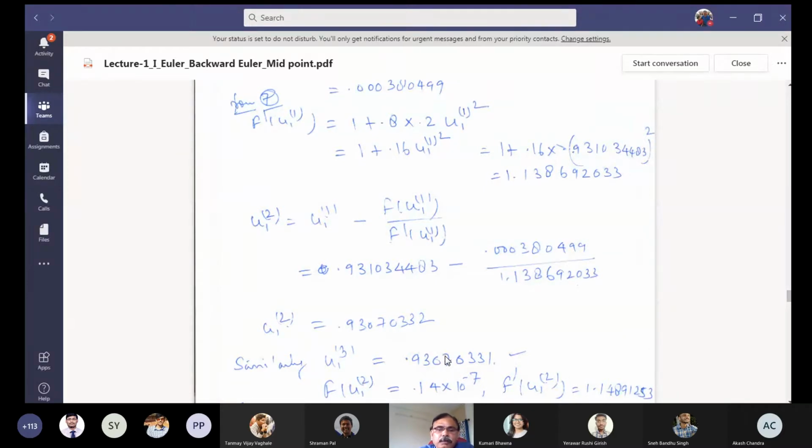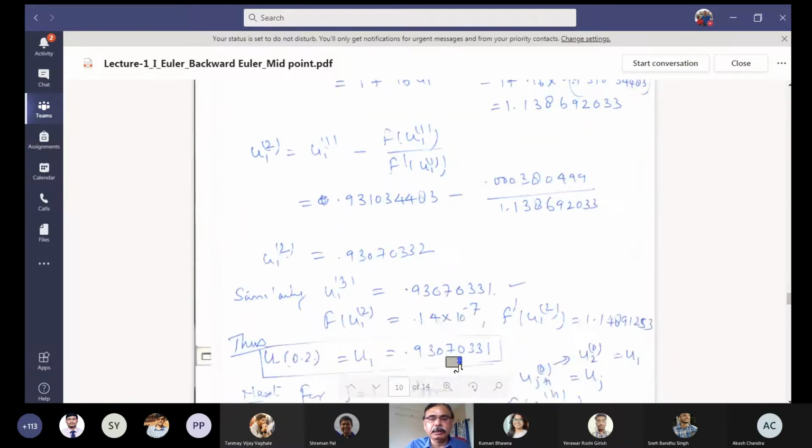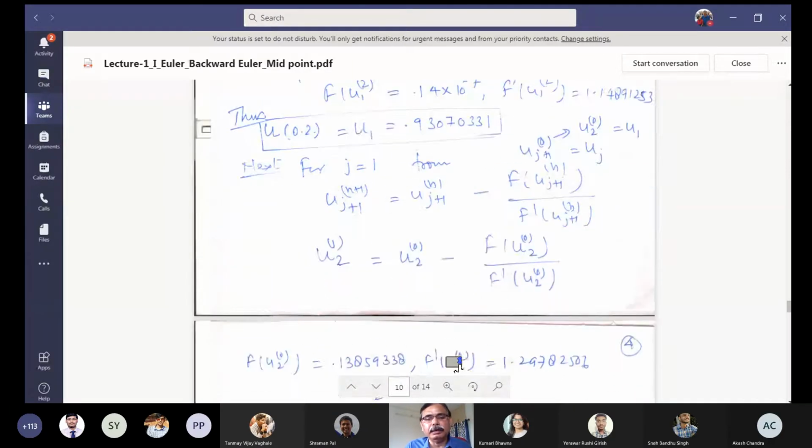Now you have to proceed for U2. You have to get your U21. U21 will be calculated, and then you have to go for U22. After that, there is no trouble. And then you have to go for U23 if you are going for 3 decimal places, 2 decimal places. Accordingly, you have to go.